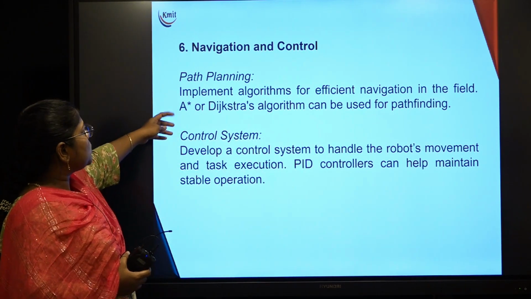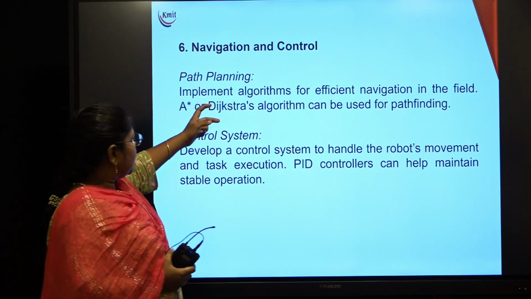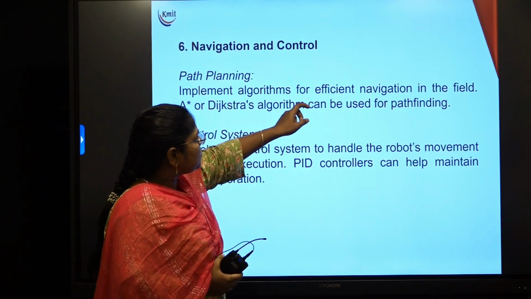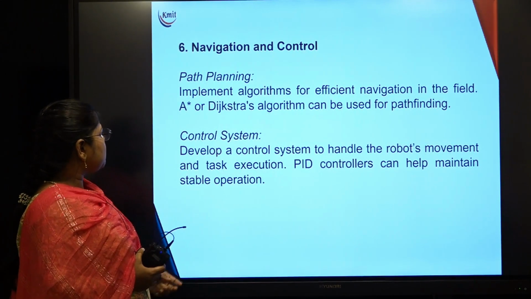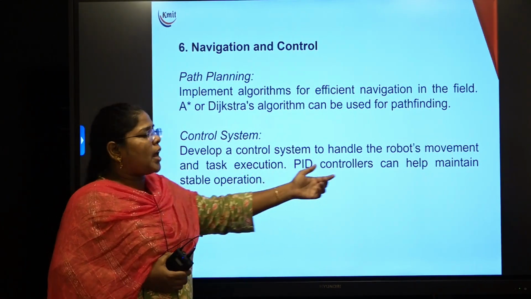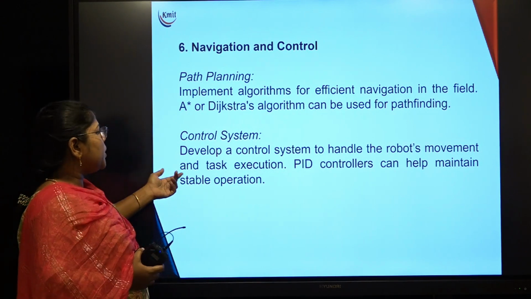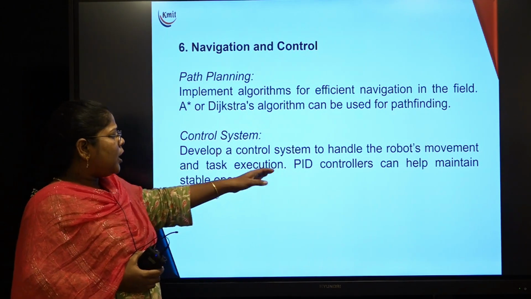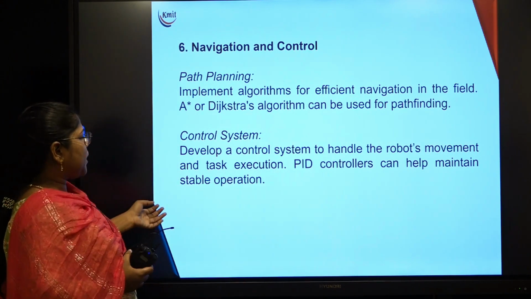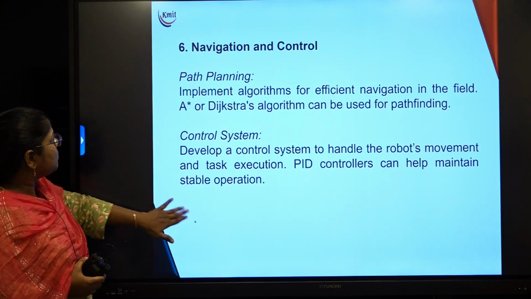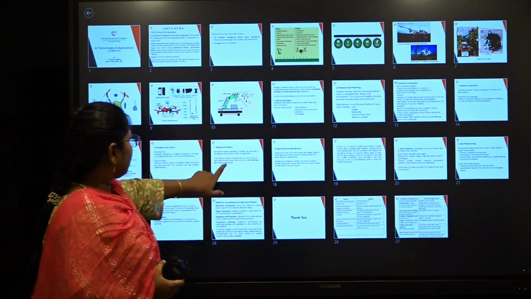Like A star and Dijkstra algorithms can be used for path finding. Control systems: develop a control system that can handle the robot movement and the task execution. It also uses PID controls to help maintain stable operation.